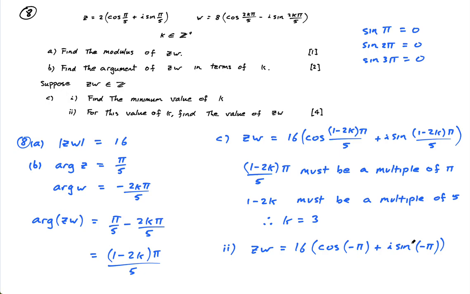We know this is going to be 0 because sine of negative pi is 0, and we're left with zw equals 16 times cos of minus pi, which is -1, so zw is -1 times 16, which is -16.